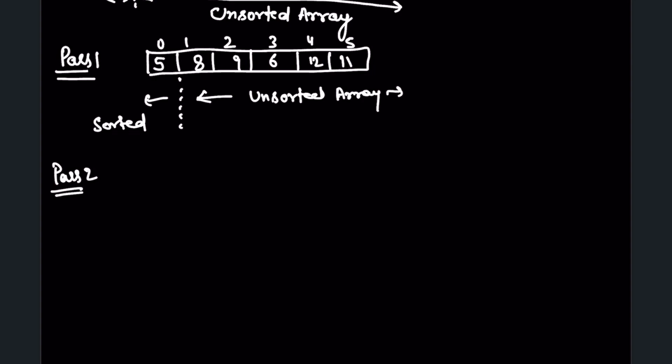We will apply the linear search again to this unsorted array and do the same operation by finding the minimal element, moving that minimum element to the first position, and swapping the element which is at the first position with it.